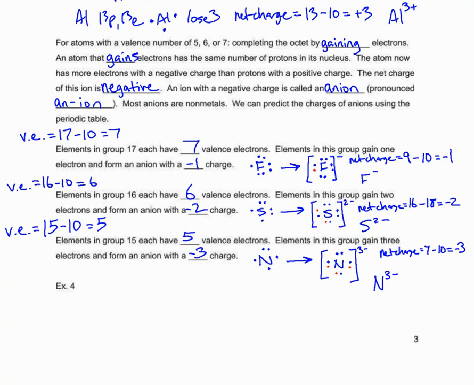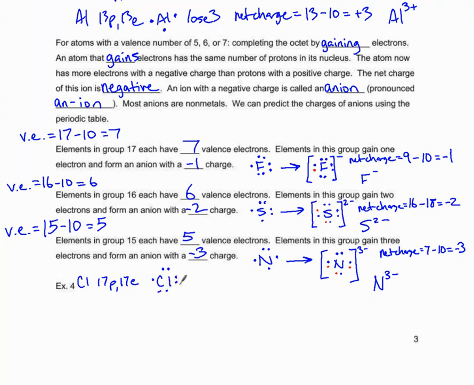Let's look at a couple others. So chlorine. Chlorine has 17 protons. When it's neutral, it's 17 electrons. Looks something like this. 1, 2, 3, 4, 5, 6, 7.